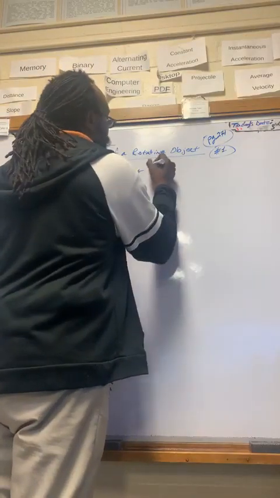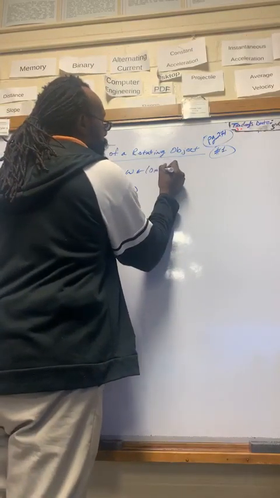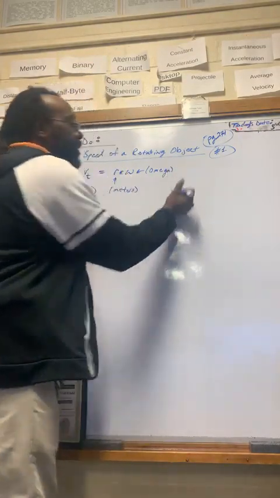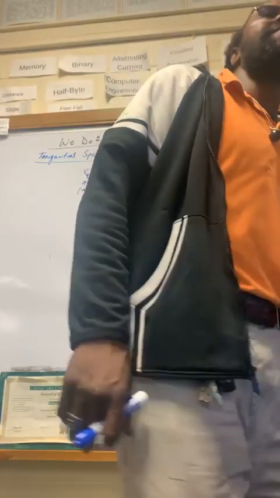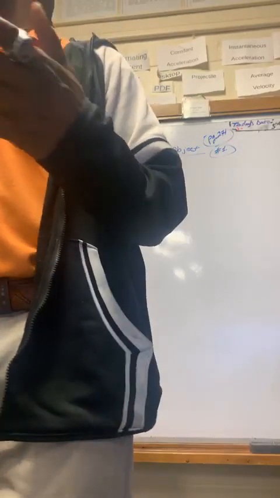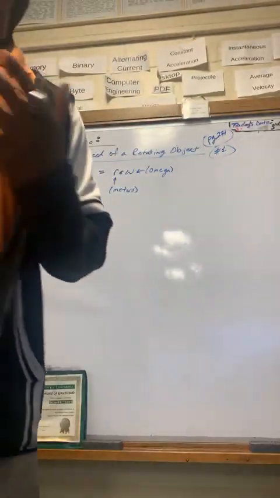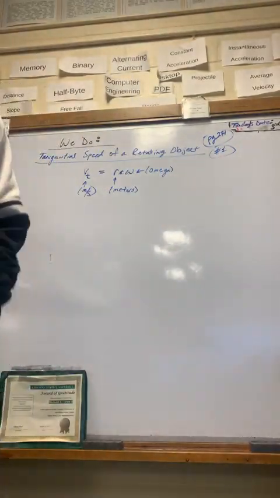Omega. This is not W. If you need help putting that character in, the Greek letter omega, not W, ask me, Nicole, or Jamel. We'll show you how to insert that. All right, what is it measured in, right? If you don't remember, last time I said there's two ways to measure omega. You got radians per second or rads per second for when you do radians, and then you have revolutions per minute when you do degrees.